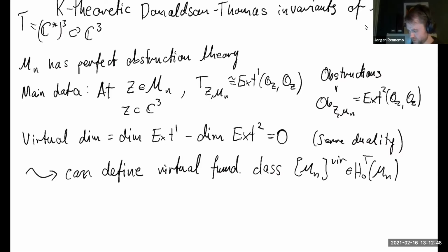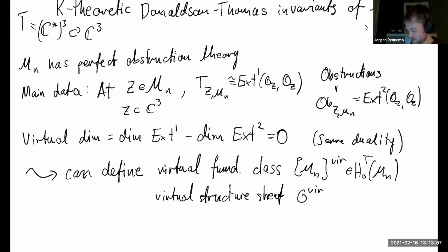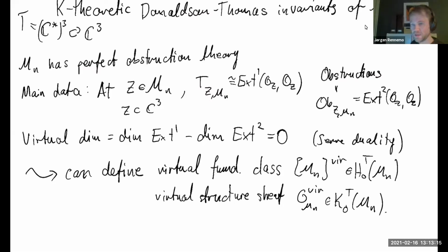So that's not going to be really what we're interested in here. The thing we're interested in is the virtual structure sheaf, which, despite its name, is not a sheaf. This is a K-theory class, so this lives in the T-equivariant K-theory of Mn.